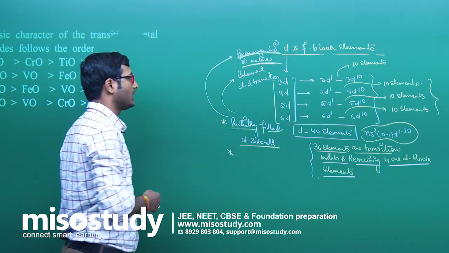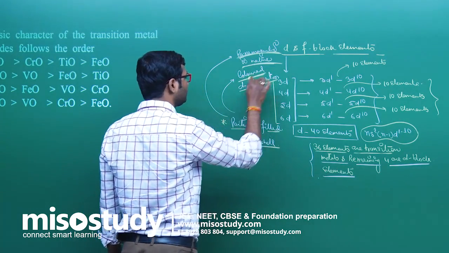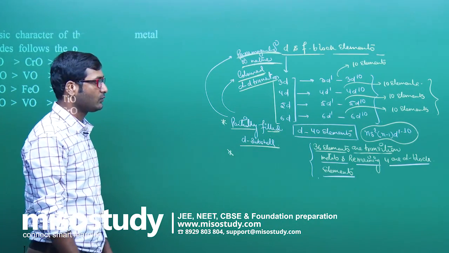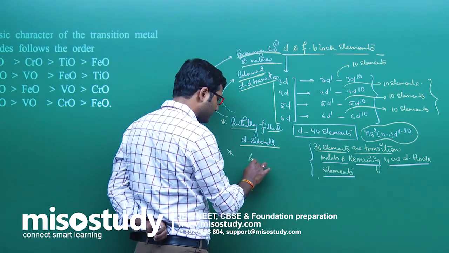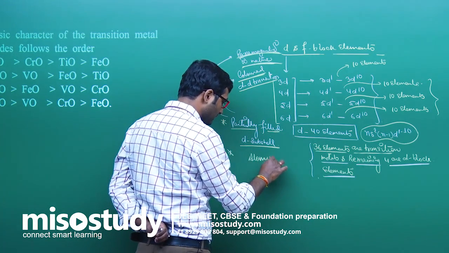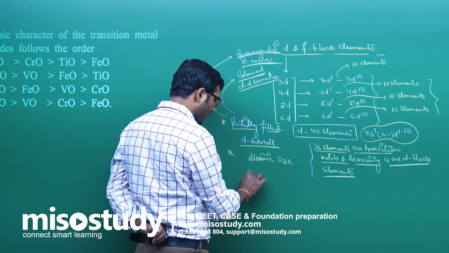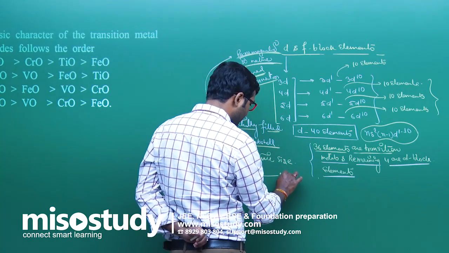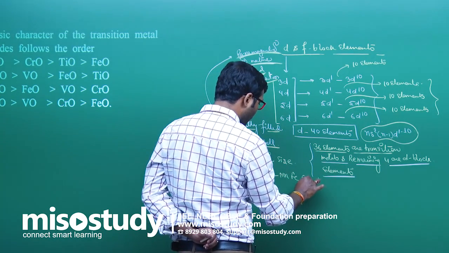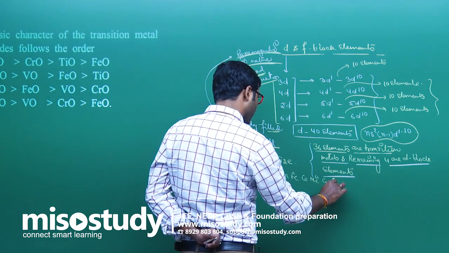Now the next one: colored, due to d-d transition. Now the second one we are going to discuss: you have to observe the atomic size in this chapter. What is the atomic size relation when we move from scandium to Mn, then Fe, cobalt, nickel, then copper, then Zn?